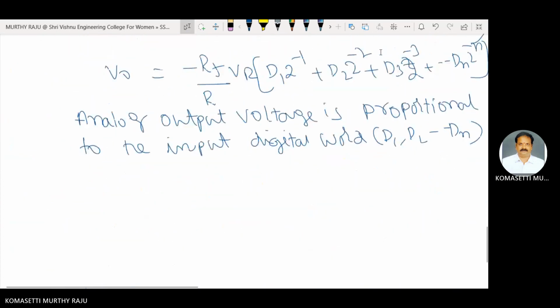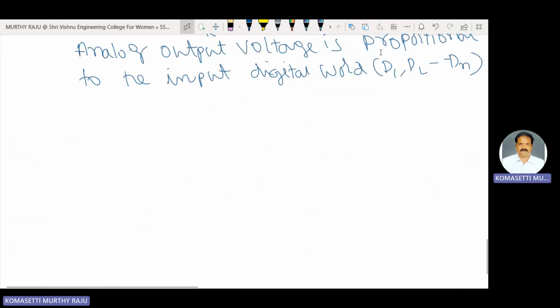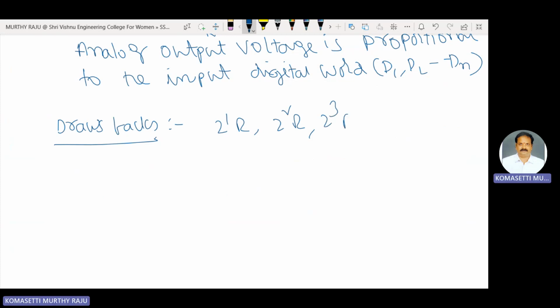Drawbacks. A wide range of resistor values is required for an 8-bit digital to analog converter. The weighted resistor values are 2 power 1 R, 2 square R, 2 cube R, and so on and so forth, 2 power n R. Whenever n is equal to 8, a wide range of resistor values is required for the 8-bit weighted digital to analog converter.